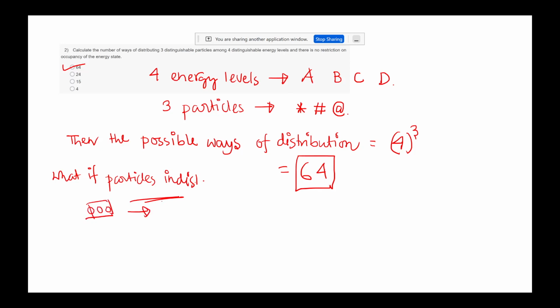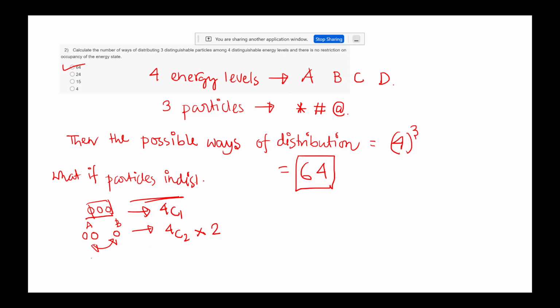That can happen in 4C1 ways, choosing one level. And one can happen as 2 and 1, meaning 2 particles can be in one arrangement and 1 particle can be in another arrangement. That can happen like choosing 2 energy levels out of 4, 4C2 times, and they can actually rearrange, meaning interchange the places, that can happen 2 ways.